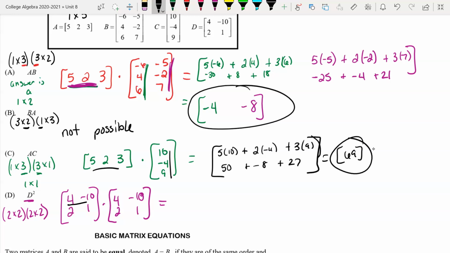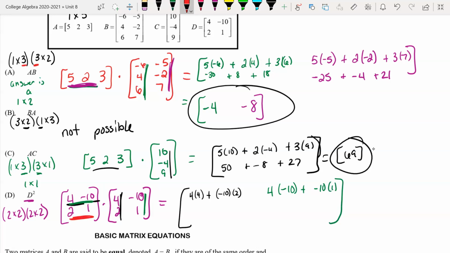So I'm going to take this first row times this first column. So I'm going to take 4 times 4 plus negative 10 times 2 to get the first number. The second number is going to be the same row, but times the second column. So I'm going to do that out to the right here. You always go to the right because it's in your row. So 4 times negative 10 plus negative 10 times 1.